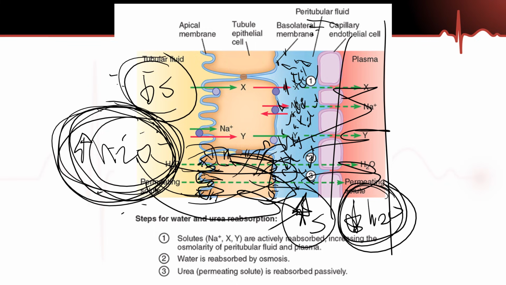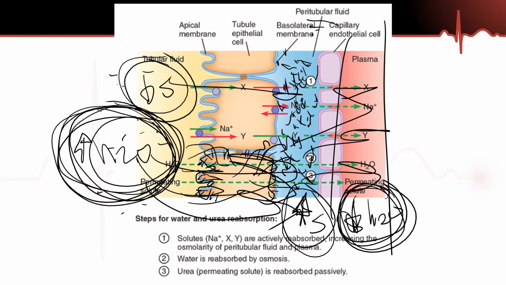As the solute moves from the lumen into the peritubular or interstitial fluid, it decreases the solute concentration in the lumen and drives up the water concentration, simultaneously increasing the solute concentration within the peritubular fluid and decreasing the water concentration. And that creates a gradient for water to move from a high concentration in the lumen to a low concentration in the peritubular or interstitial fluid.